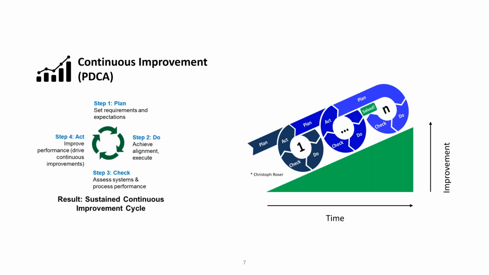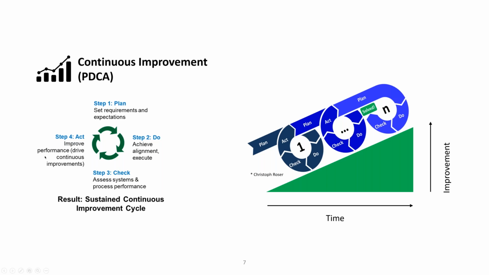Back in the 1950s, Deming introduced the PDCA, or Plan, Do, Check, Act cycle, that you can see here, which basically says that you start off by understanding the requirements and expectations. You achieve alignment across the different resources that are required to execute. You assess whether or not you did what you intended to do, checking systems and process performance.